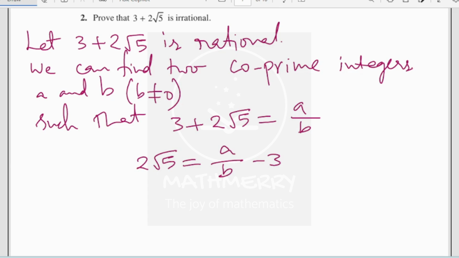Now we can write root 5 is equal to 1 by 2 into a by b minus 3. So this is what we are getting.